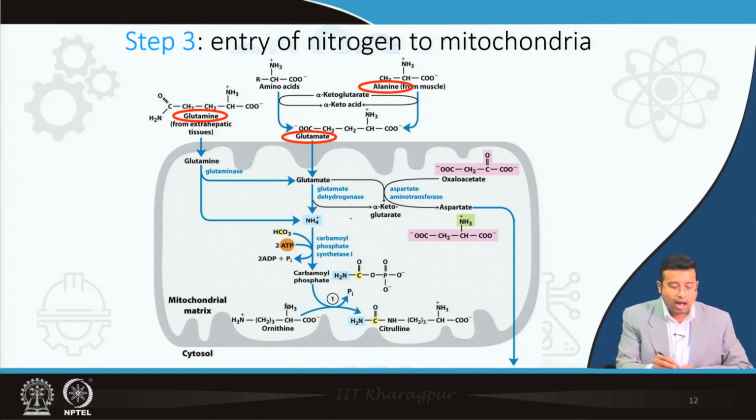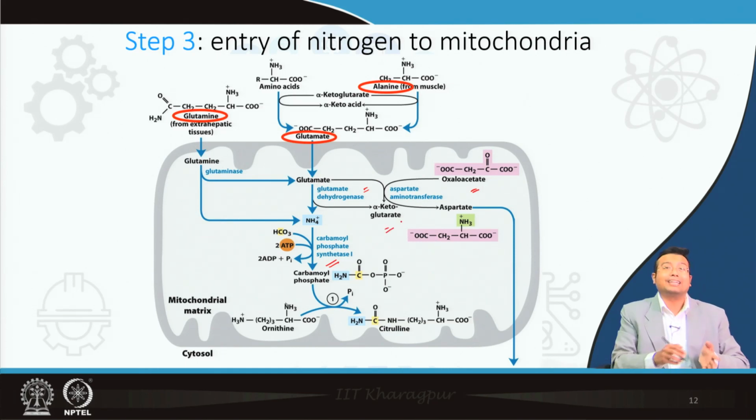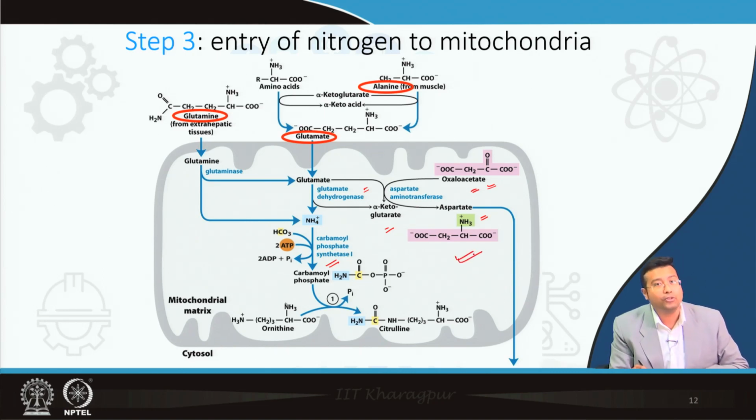We also discussed how this glutamate or glutamine or alanine ultimately enters the mitochondria. This has also been discussed, and now we can see how, number 1, this can form carbamoyl phosphate, whose fate is ultimately entering into the urea cycle, and also glutamate can form alpha ketoglutarate by acting with oxaloacetate, which also forms aspartate, and this aspartate also plays a very vital role in the urea cycle.